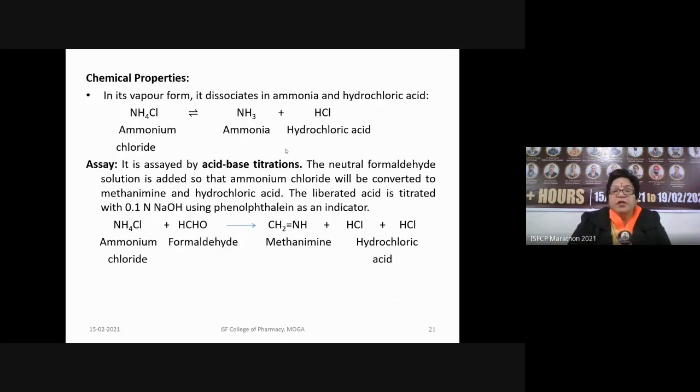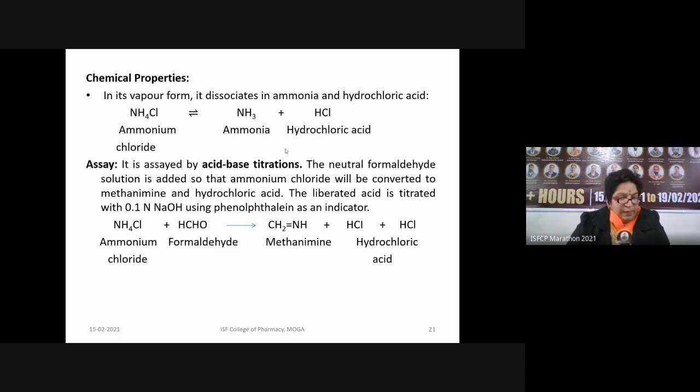One is evaporation, that is from liquid to the gaseous phase. Then there is one term that is known as sublimation. If you heat a solid without converting into liquid, it directly gets converted into the gaseous phase, that is known as sublimation.